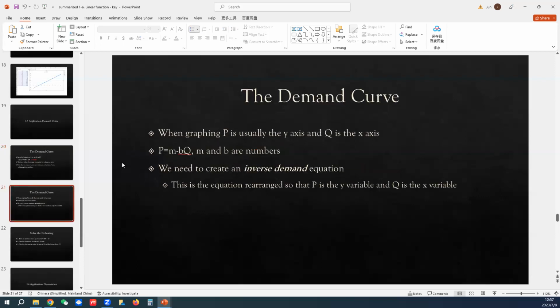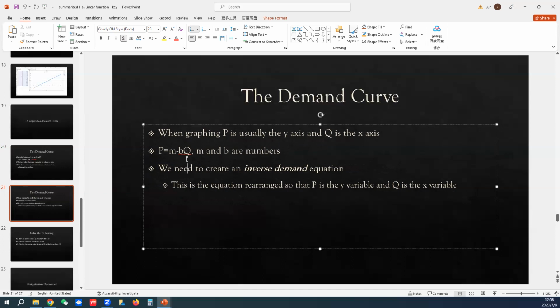But sometimes, for facility of calculation and graphing, we do it the other way, which is to graph P as the y-axis and Q as the x-axis. In that way, the function will be like this: P equals M minus BQ, where M and B are numbers, namely parameters.